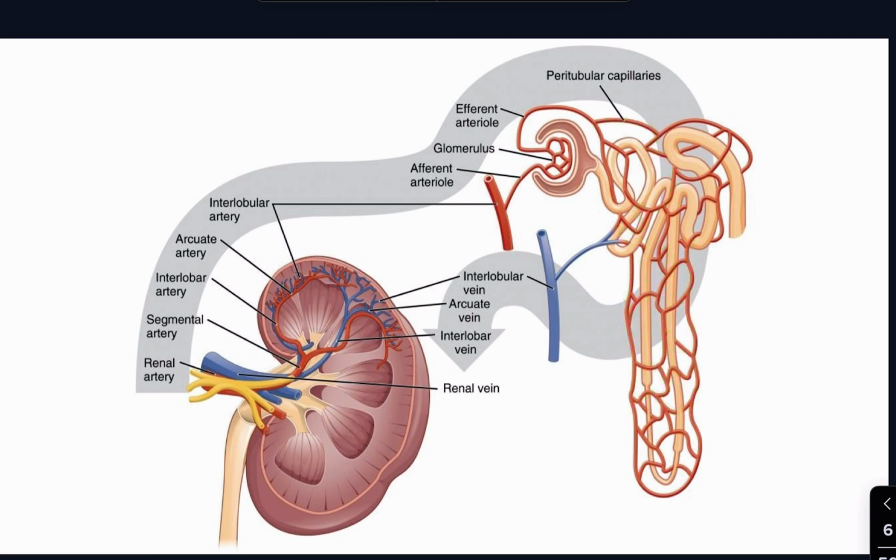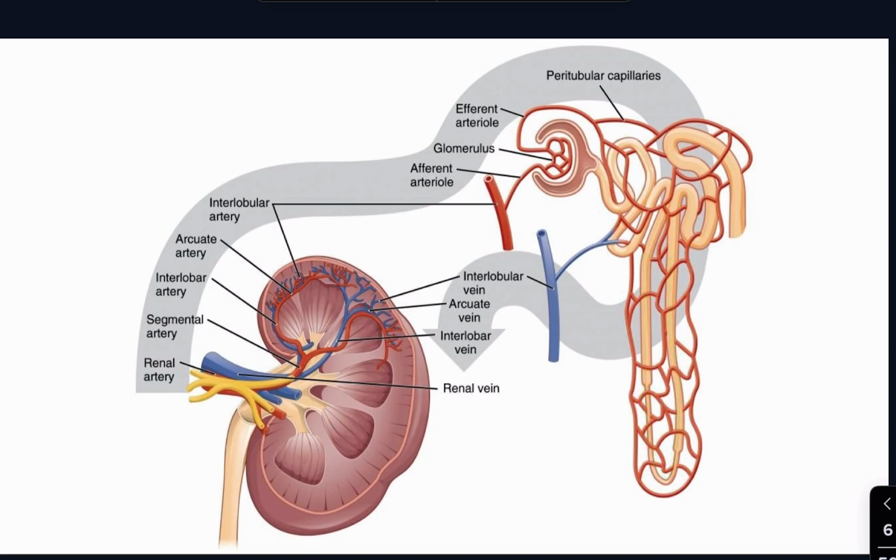It's going to go through all different parts of the nephron, and this is what allows for the transport of solutes to and from the specific tubes, right? There are different tubes here, the proximal convoluted, distal convoluted tubule, the descending and ascending loops of Henle.